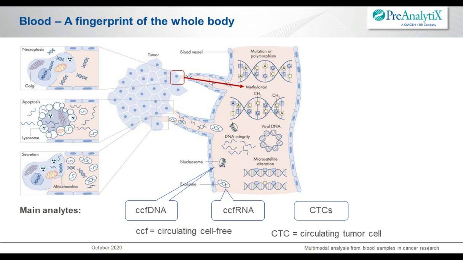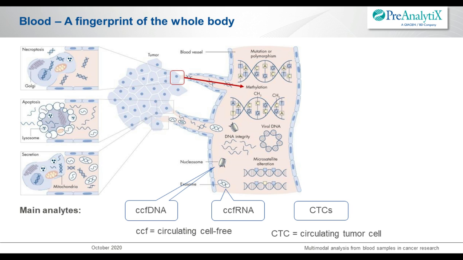So this is the main part of the ccfDNA, but the apoptosis processes also release some particles which are surrounded by membranes, the so-called exosomes or nuclear or other extra particles, which are also released via this apoptotic process.